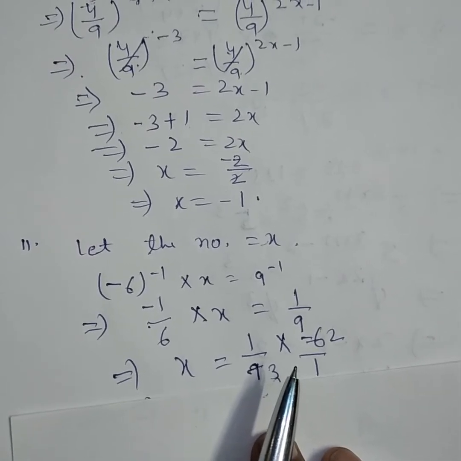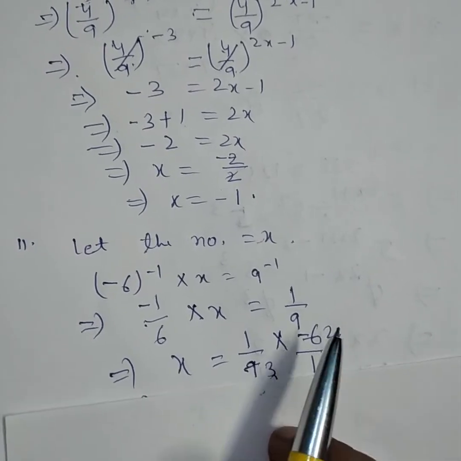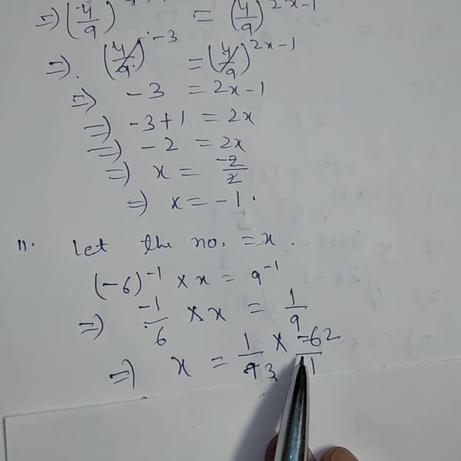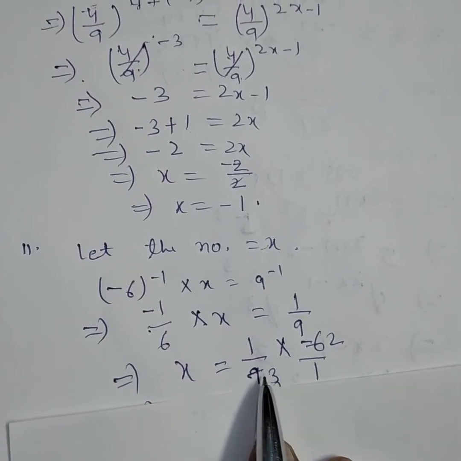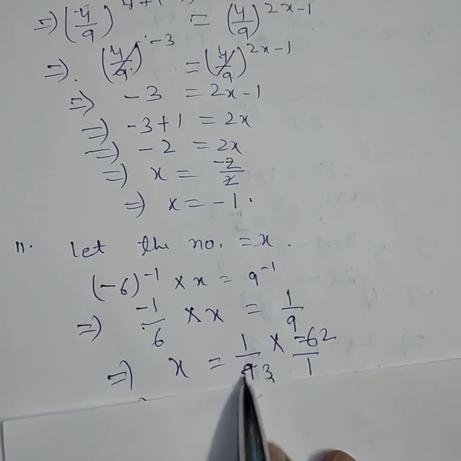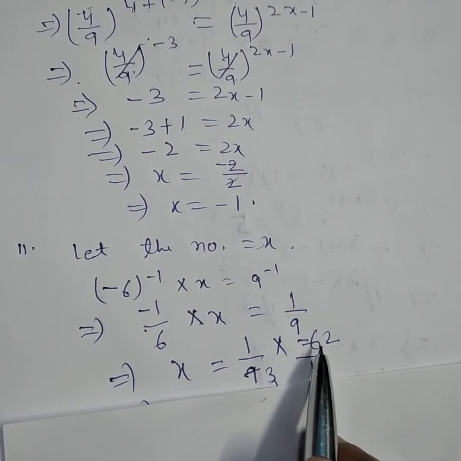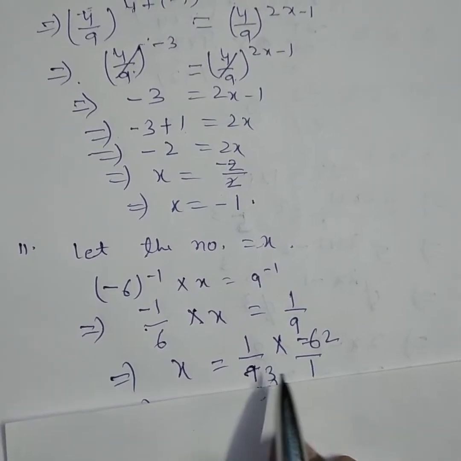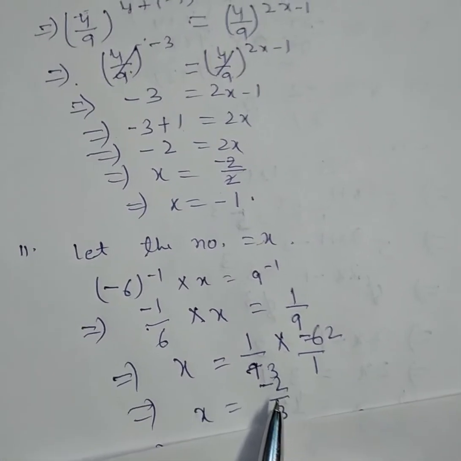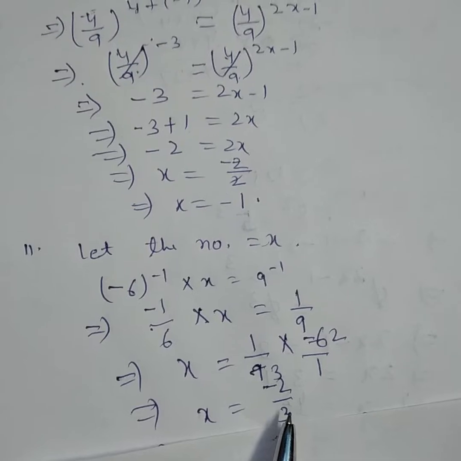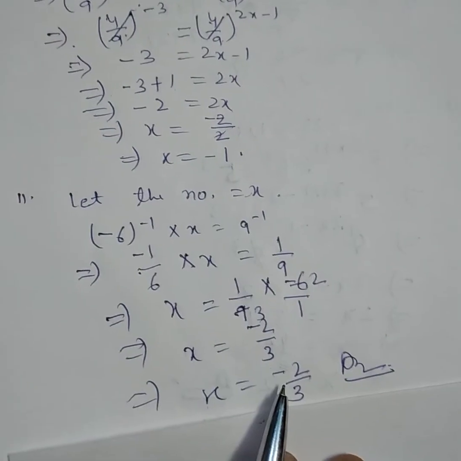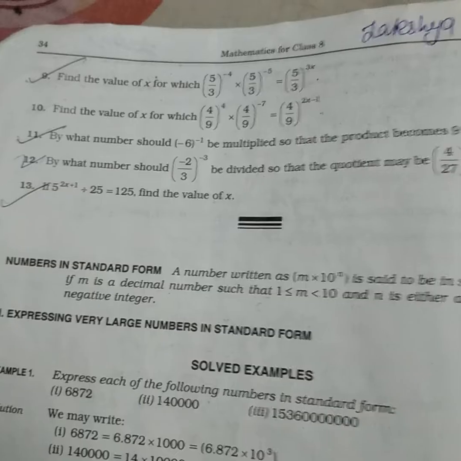Then we will transfer minus 1 upon 6 to the opposite side, then it becomes its reciprocal, and when we cut, it will become 2 here and 3 here. Then x equal to minus 2 upon 3, and this is the answer.